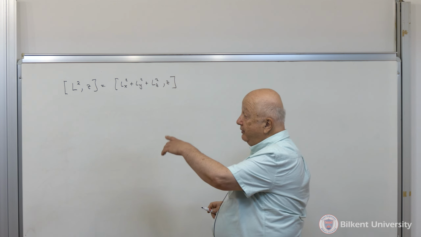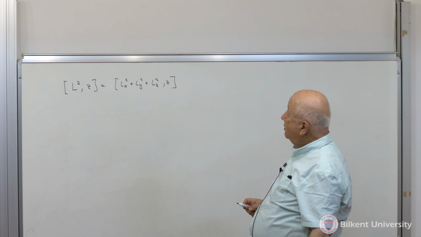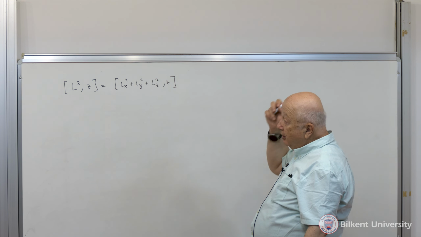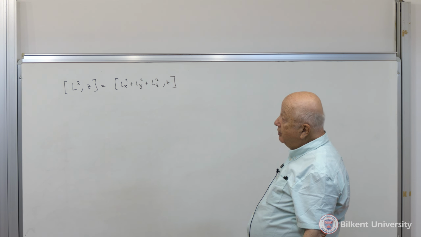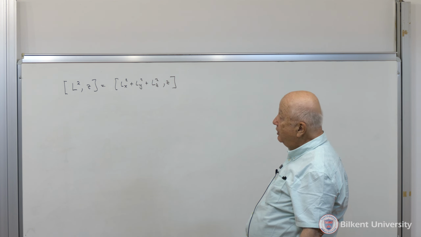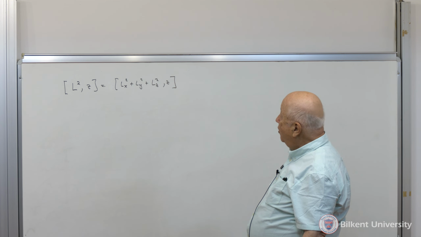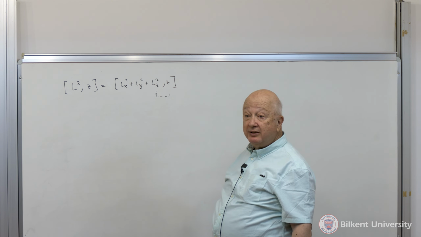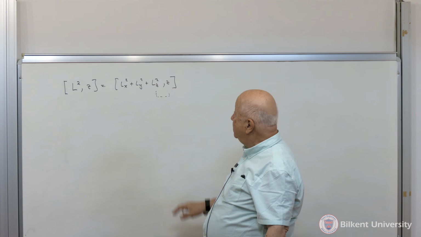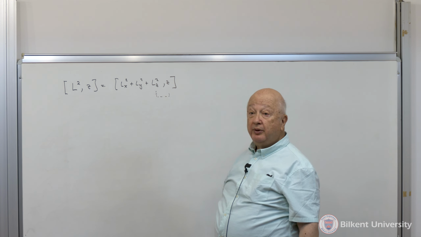I have worked out how these things commute with Lz, but I now need to look at the commutation relation of z with Lx squared, Ly squared, Lz squared. I know the commutation relation between Lz squared and z, but I'll also need Lx and Ly.